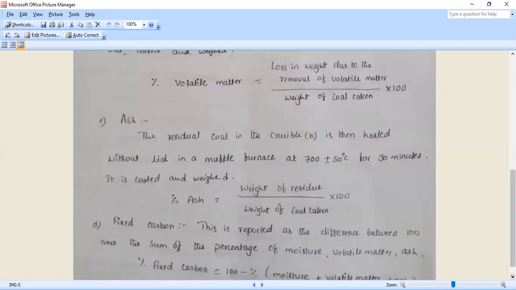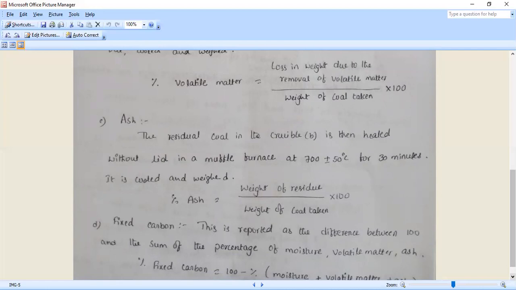Next one is fixed carbon. This is reported as the difference between 100 and the sum of the percentages of moisture, volatile matter and ash content. Similarly, in water technology, first unit, water treatment, we calculate temporary hardness, permanent hardness and total hardness.